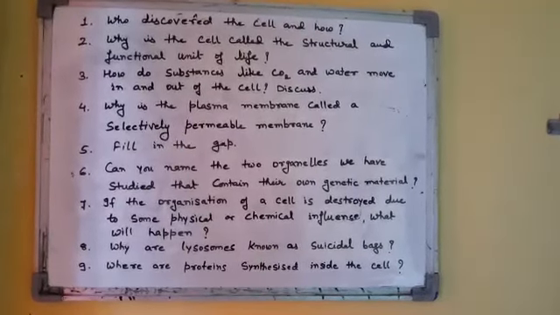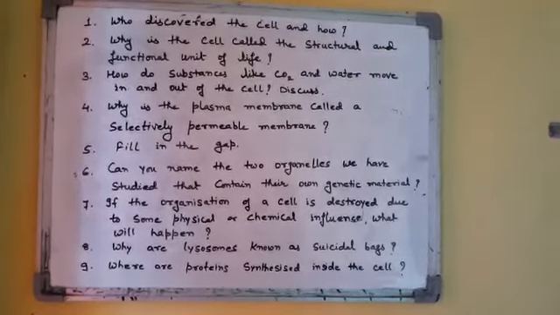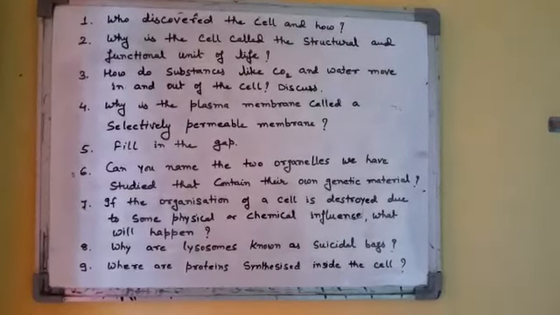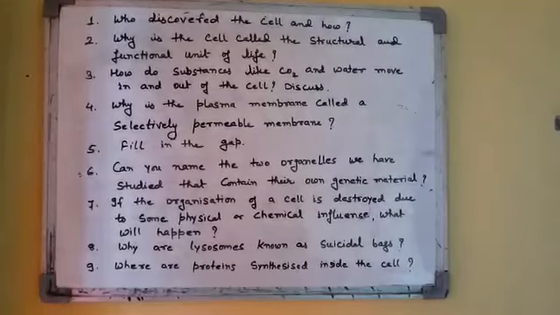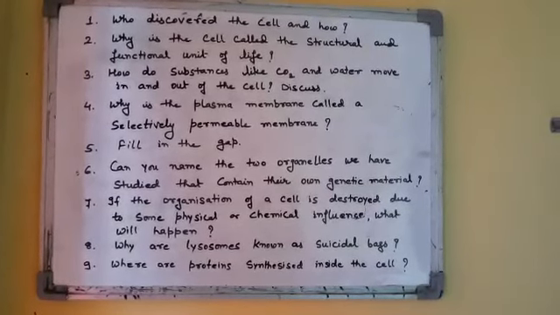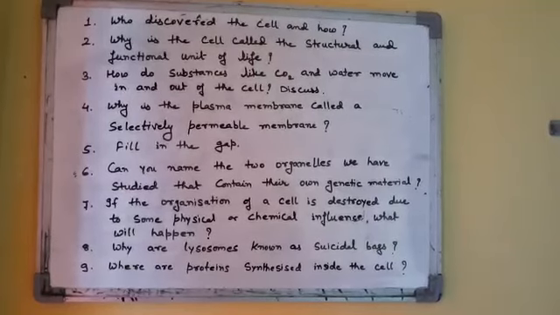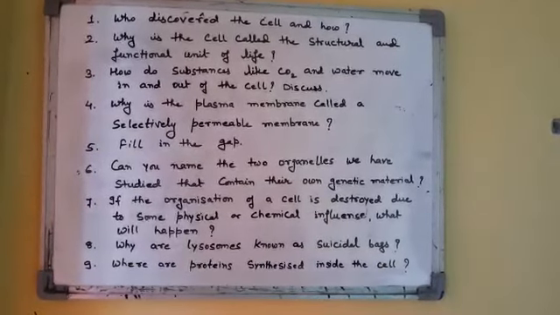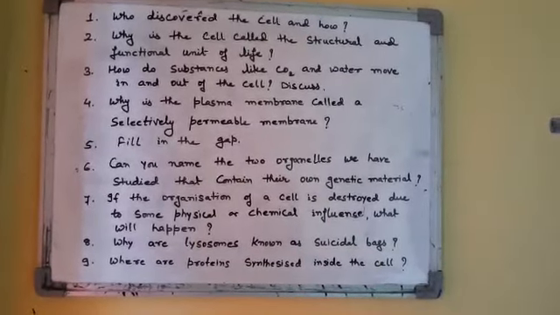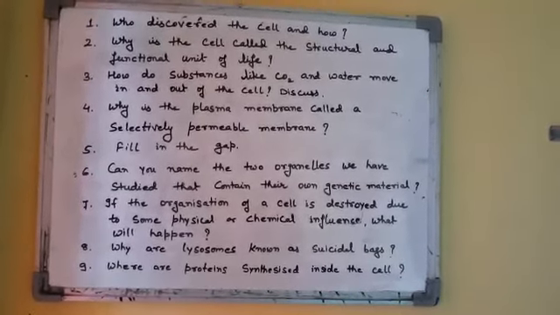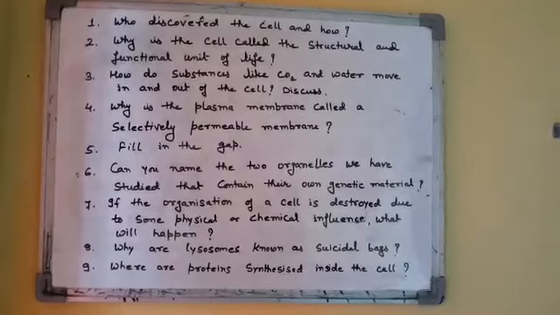You have studied about both of them. CO2 is a gas, and what is the process through which gases enter inside the cell? Water is a liquid, so there is another process which helps in movement of water inside and outside the cell. So you will write down about both of them.